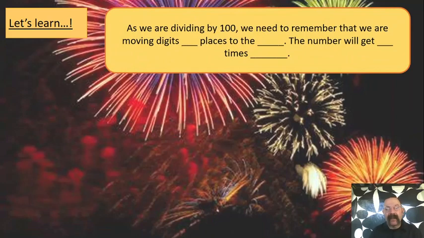As we're dividing by 100, we need to remember that we are moving digits places to the right. So I wonder if you could just have a go at filling out those blanks. So have a think about that, and you can say it out aloud.